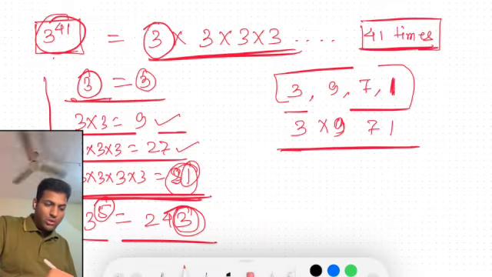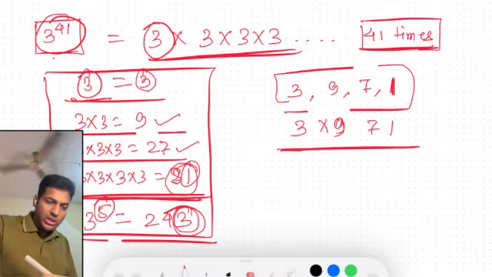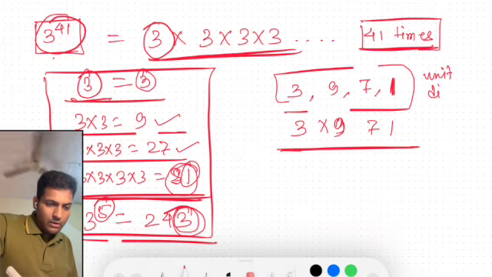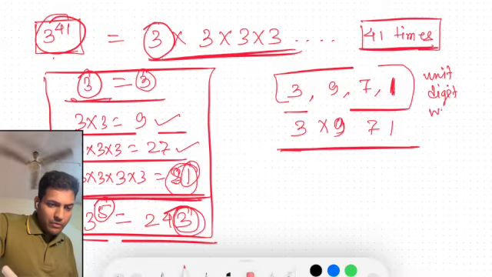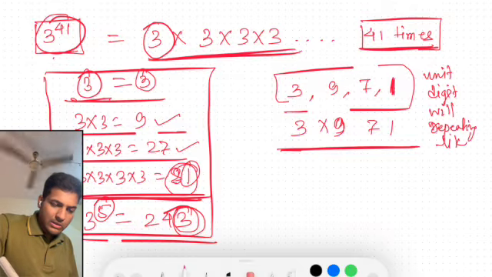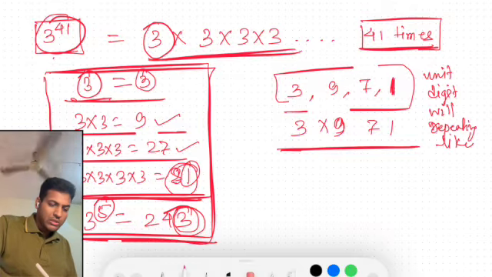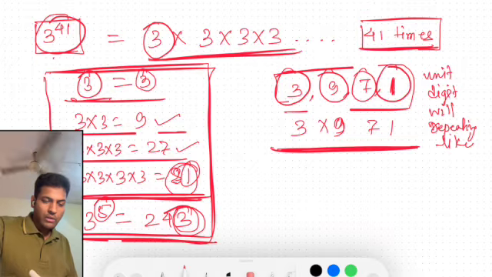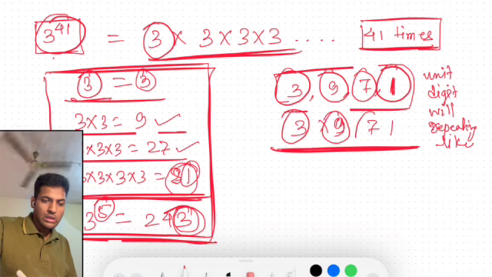For the powers of 3, the unit digit will keep repeating like this: 3, 9, 7, 1.